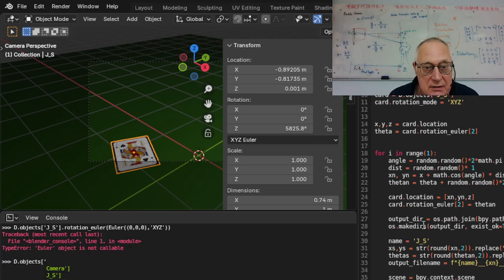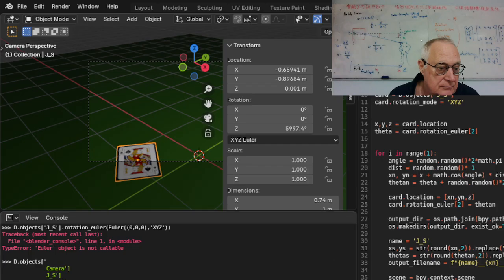Now put here. Okay, so that actually ran now, and let me check where I saved.